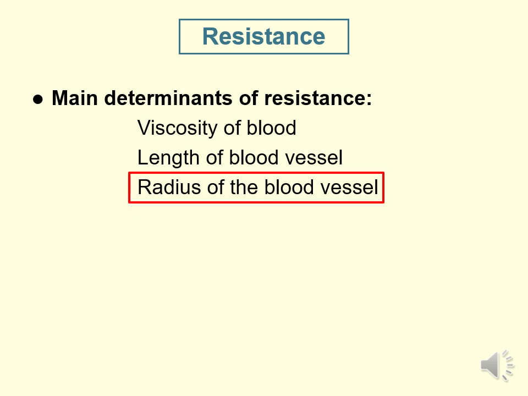So this is the critical thing that we're interested in, and how this affects the blood pressure. So it's the radius of the blood vessel, and I'll show you in the next slide what effect changes in the radius of a blood vessel have on blood flow and blood pressure.